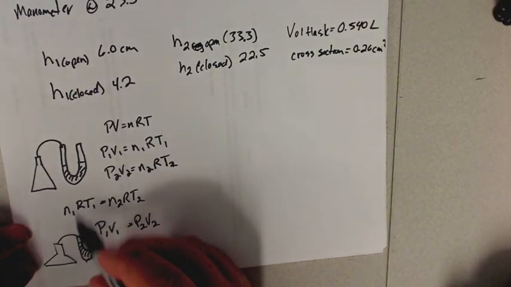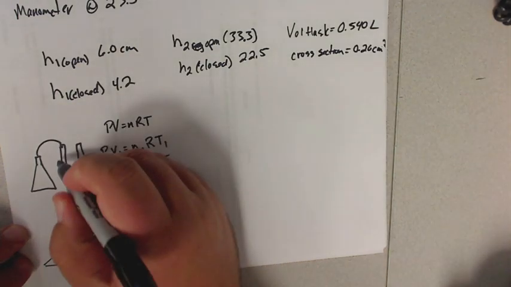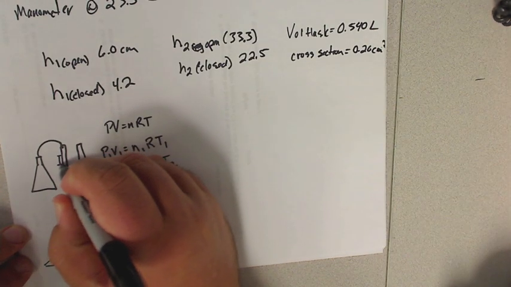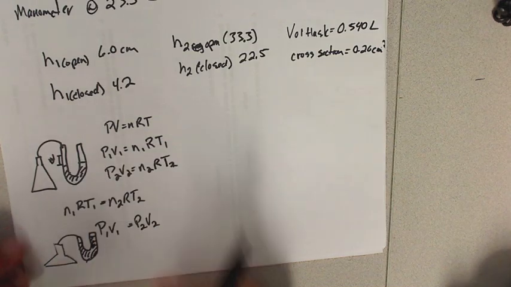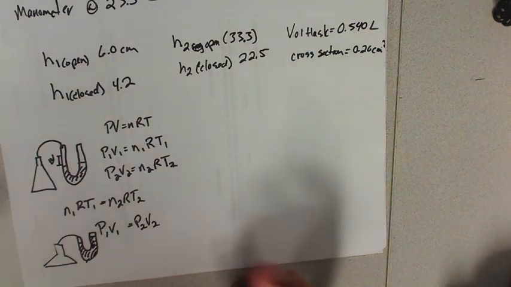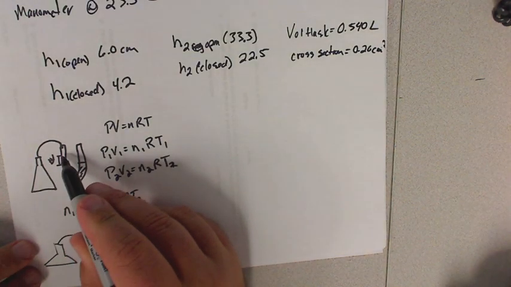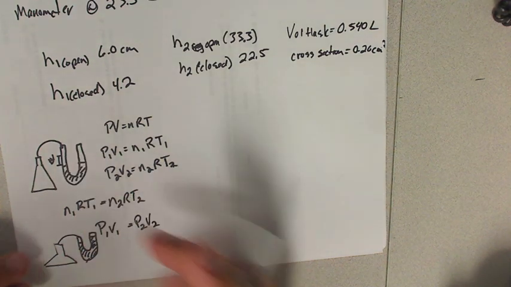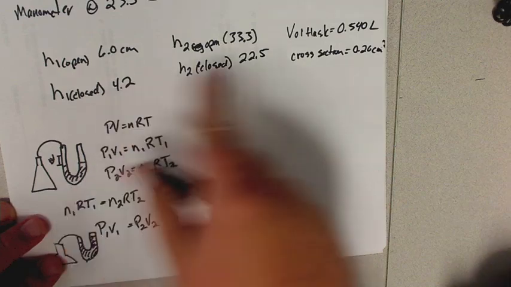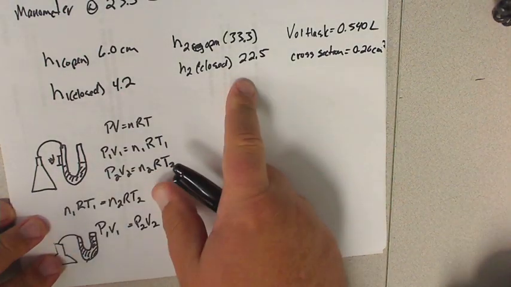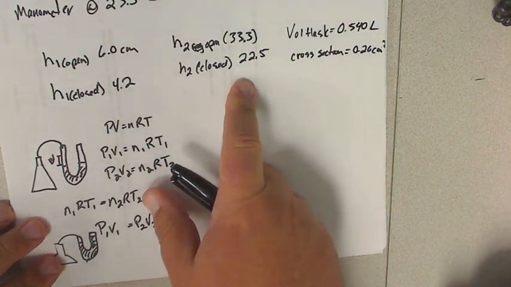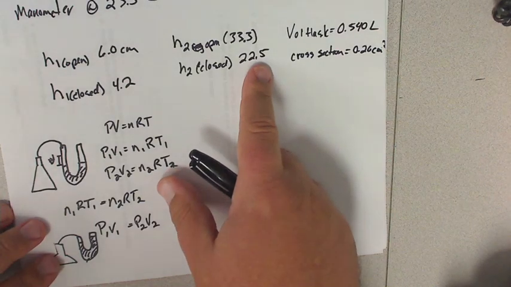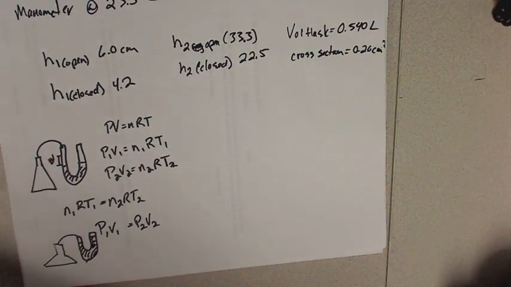So the volume is getting smaller by whatever this amount is, delta V. We can calculate that delta V by taking the cross-section of the tube times how much the closed side rose.